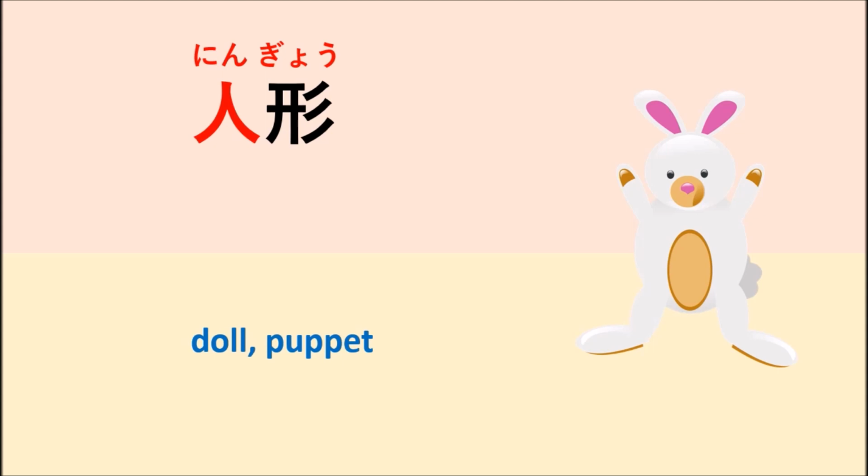Katachi means something that has a shape but no life. So when you put the kanji of people and the kanji of katachi together, it means something that is like a person but has no life. So it means doll.